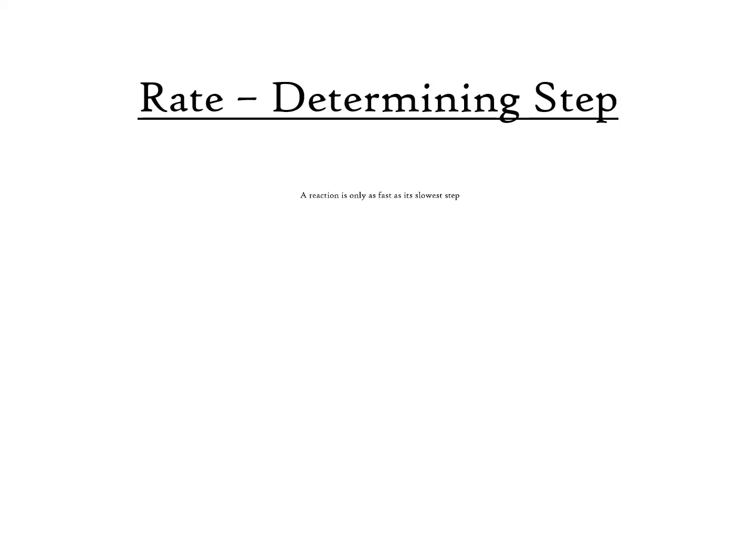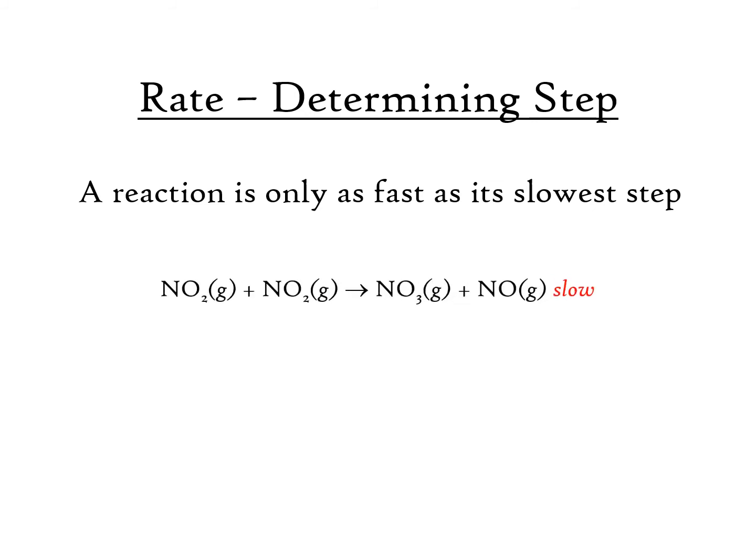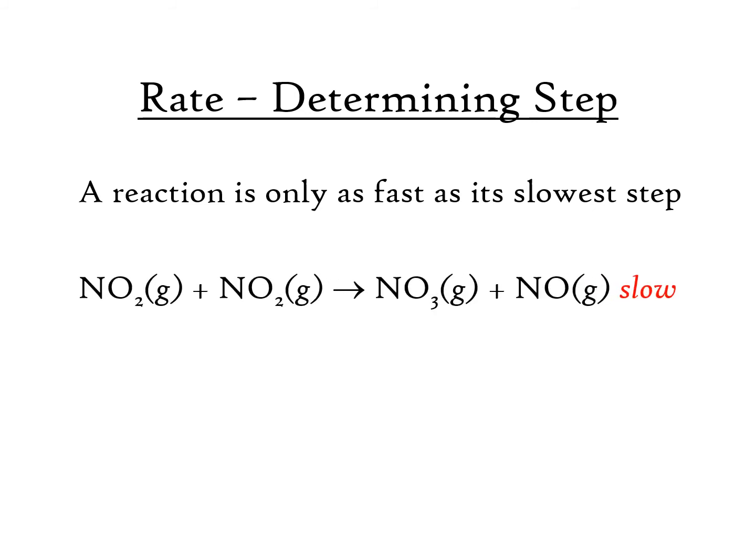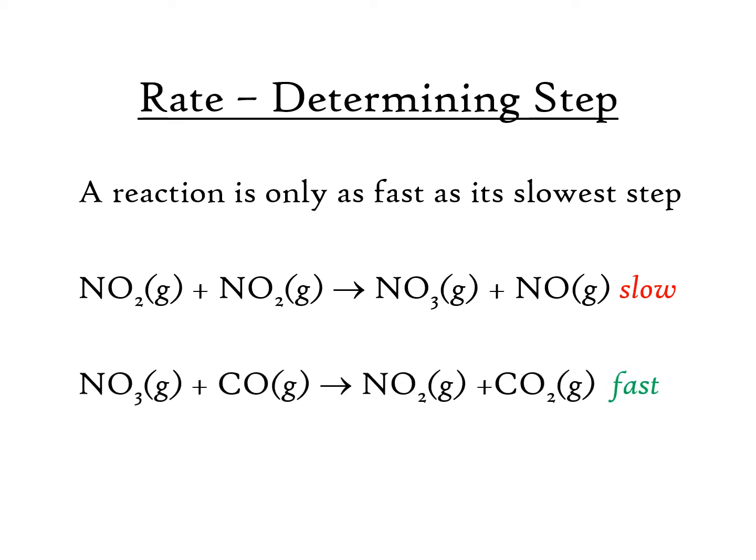Our rate determining step is the one that is the slowest. You can only go as fast as your slowest step. So experimentation has shown that the nitrogen dioxide reacting with itself is the slow step, and the nitrogen trioxide with the carbon monoxide is the fast step.